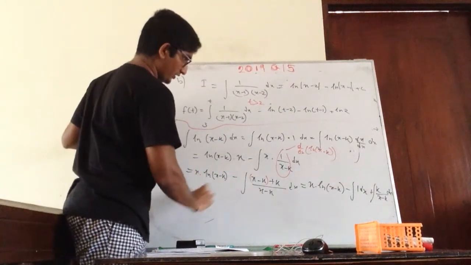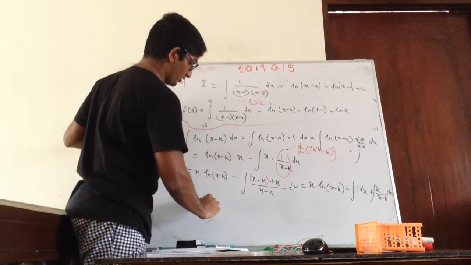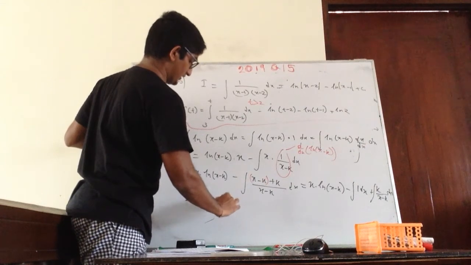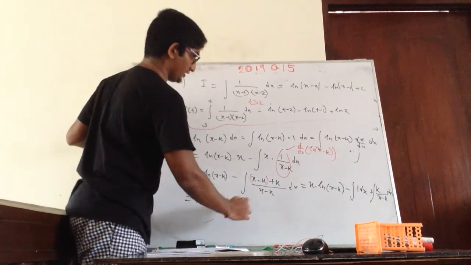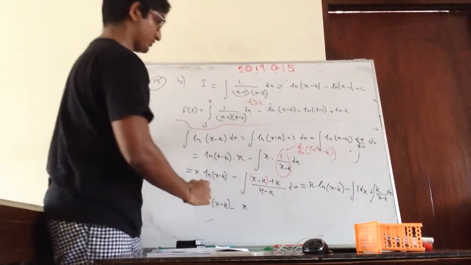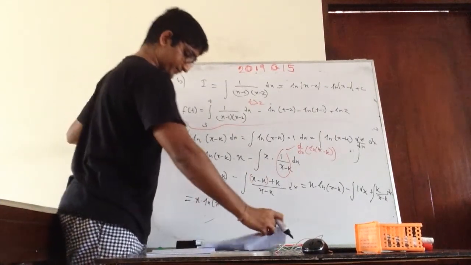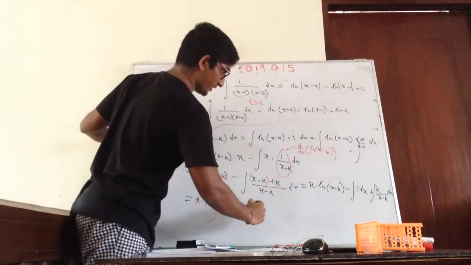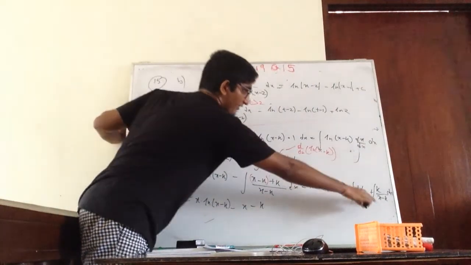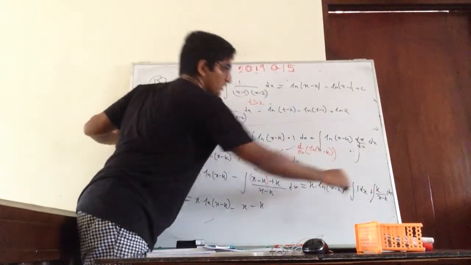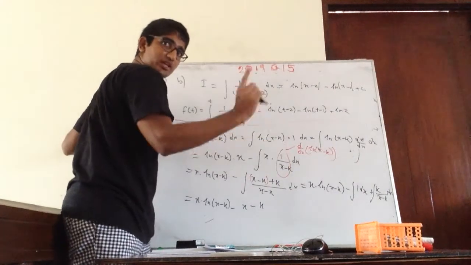Right, so I'll get the answer as x ln(x minus k) minus x, minus, I'm going to take k out and then I'll have the ln here. So for x minus k, if you differentiate you'll get 1.